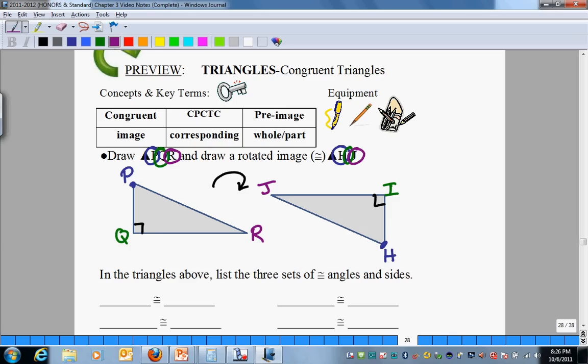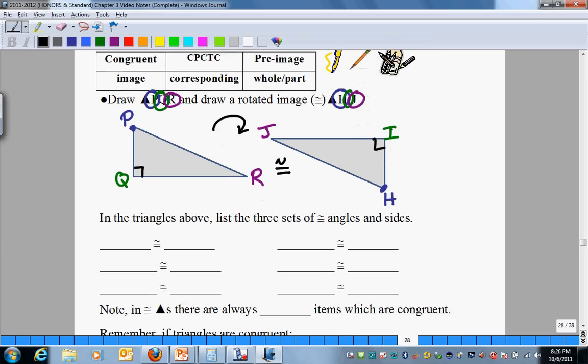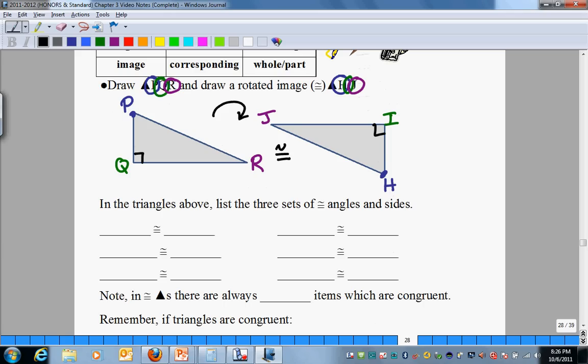Now technically these are the same triangle because all we did is we took the triangle and we just rotated it. Therefore we would call these triangles congruent. When you have congruent triangles, you have a total of 6 pairs of items congruent. 3 sets of angles and 3 sets of sides.